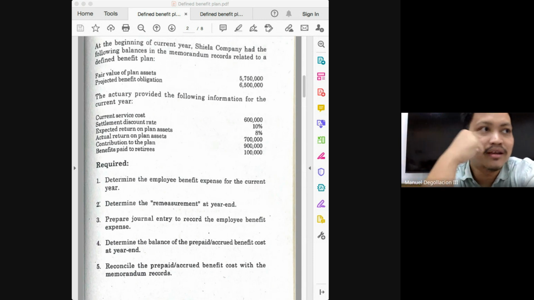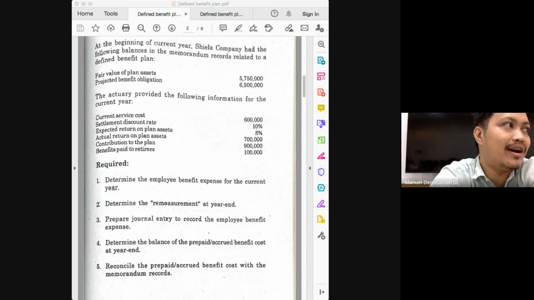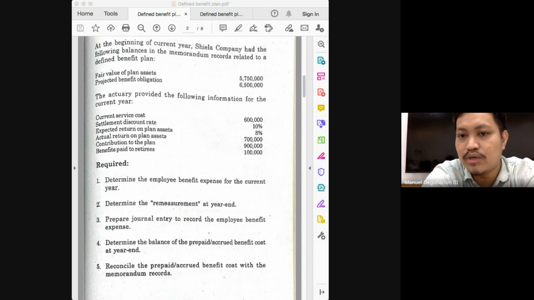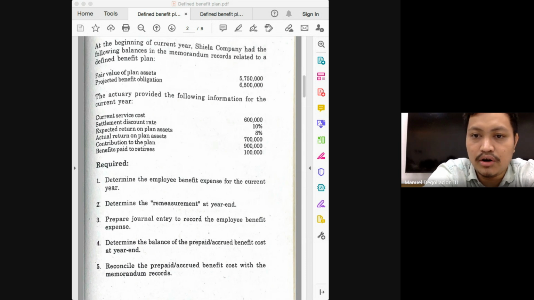Next, the income that will be earned by your fund would obviously and understandably also increase the balance of the fund or your plan assets. And how much was the return on your plan assets, class? 700. So the question now is, what amount will be added? Is it the actual or is it the expected? The amount that will increase your plan assets would be the actual return.